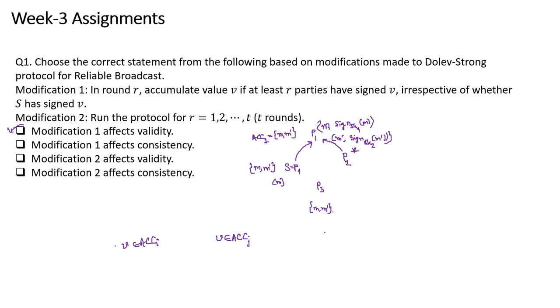In other words, the content of the accumulator will be the same for all the honest parties. And why is it so?